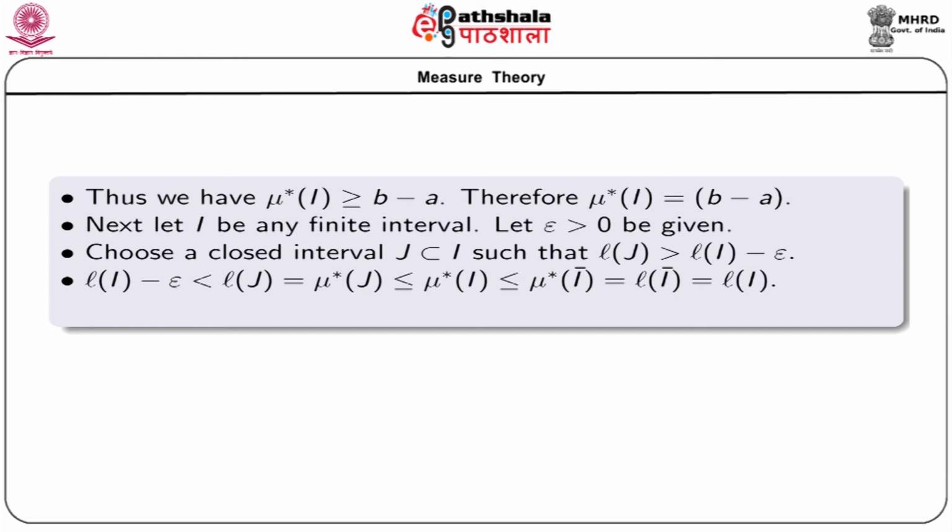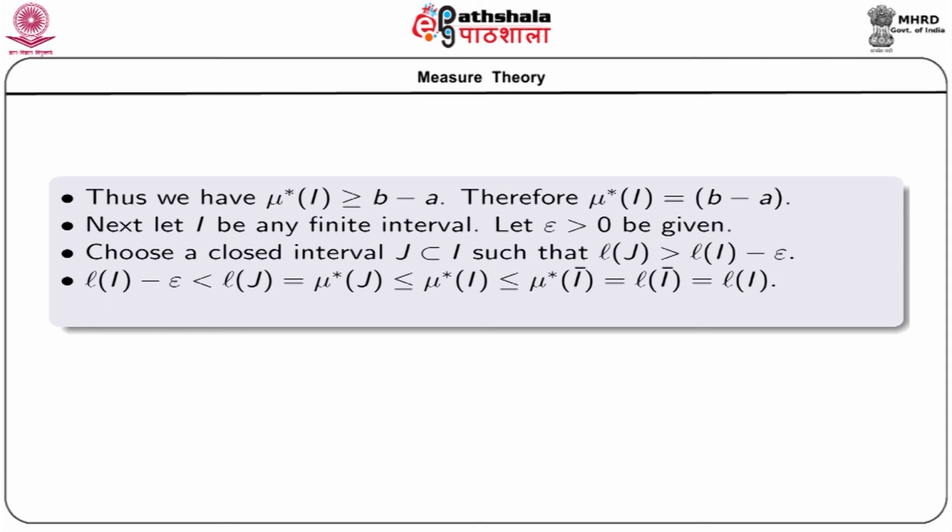So, l(J) is equal to mu star of J. Since mu star is monotone and J subset of I, so mu star of J is less or equal to mu star of I, and I is again a subset of I bar, where I bar stands for the closure of I. So, mu star of I is less or equal to mu star of I bar, but see that the closure of any interval is the corresponding closed interval.